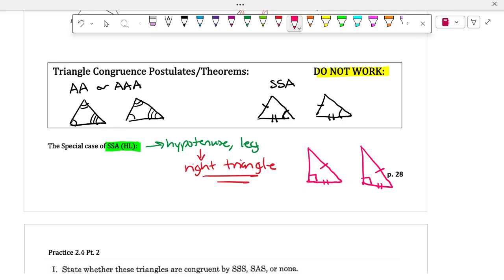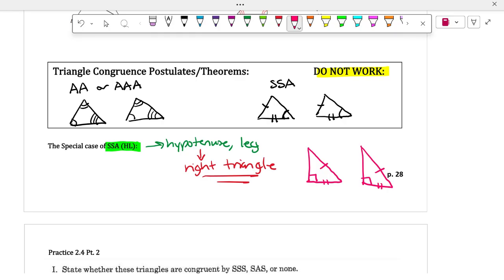Think about it in terms of Pythagorean theorem, okay? A squared plus b squared equals c squared. If you know that c squared is equal to c squared, and b squared is equal to b squared, obviously a squared is going to be the same thing. All right, that's why this works, because it's a right triangle. That's the only case that it works. If it's not a right triangle, you cannot say that they're congruent by SSA.